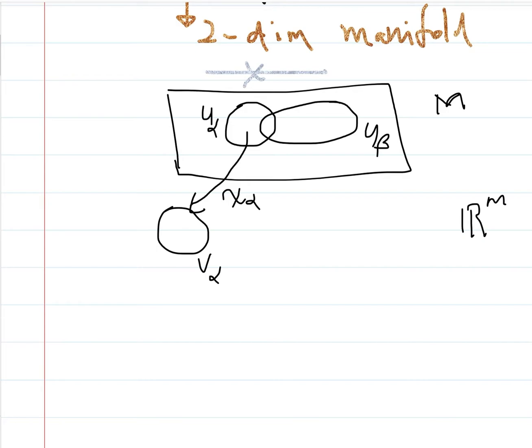So what you've got here is your manifold M, and this is your Euclidean space Rm. Right, and we have a map Chi beta, and I'll give the properties of these maps below, that maps U beta to, say, V beta, equivalently. Now, what are the requirements?